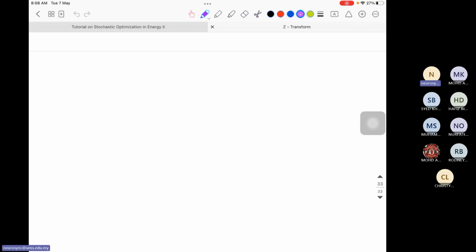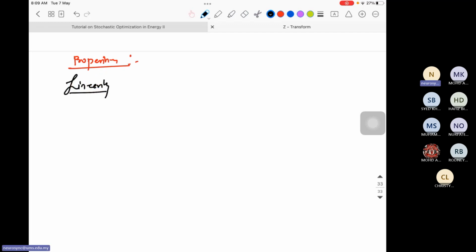Okay, so we will see some properties of the Z transform. Properties are also important. So we know the standard property, linearity.